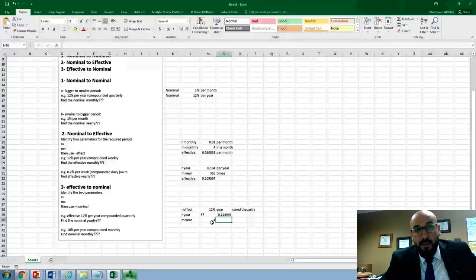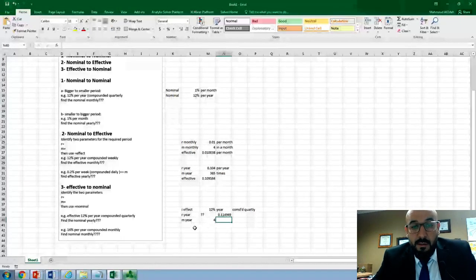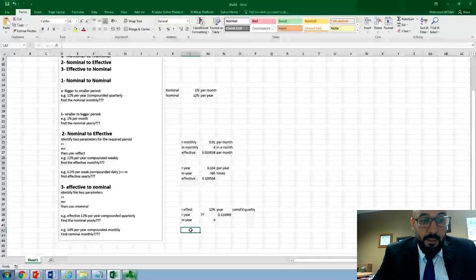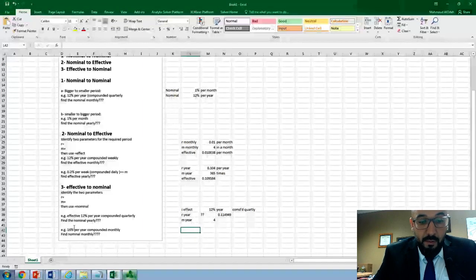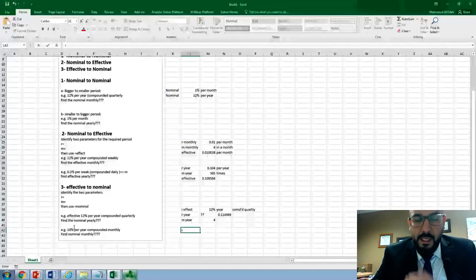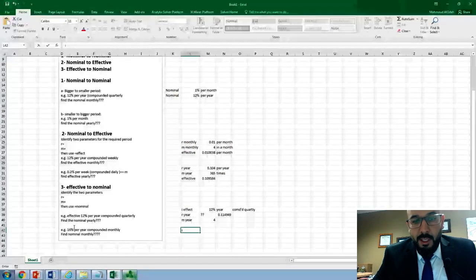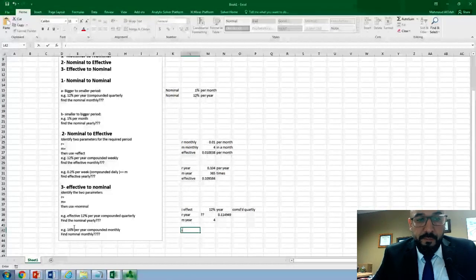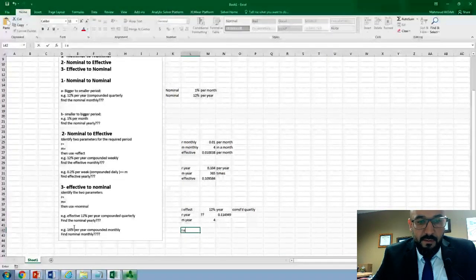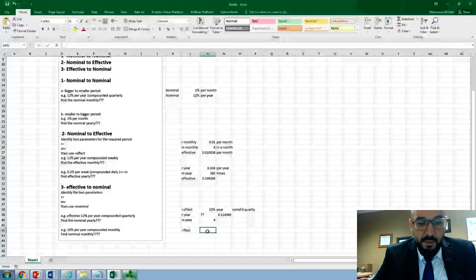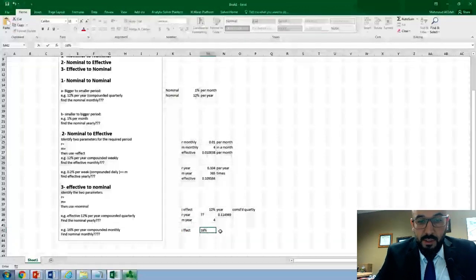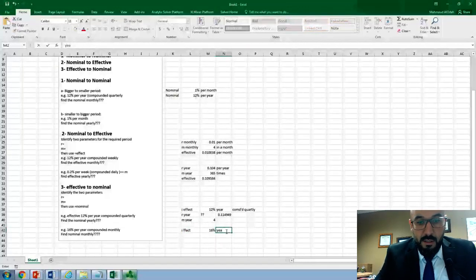Now here's one of the more challenging questions, and you need to be careful here. Okay, so now that second example is based on a question from my textbook. I effective per year is 16%. So this is 16% per year.